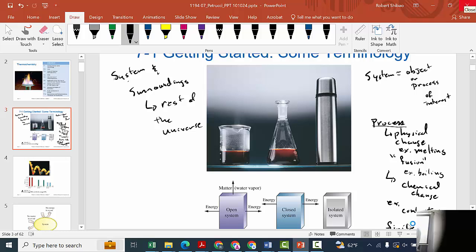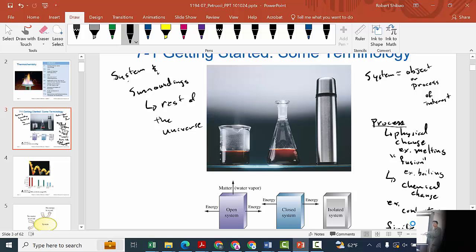So, have you heard of the first law of thermodynamics? The first law of thermodynamics says that energy is neither created nor destroyed. And so, if something loses energy, it just doesn't disappear, it goes somewhere. So let's say I'm losing energy because I'm melting ice in the palm of my hand.